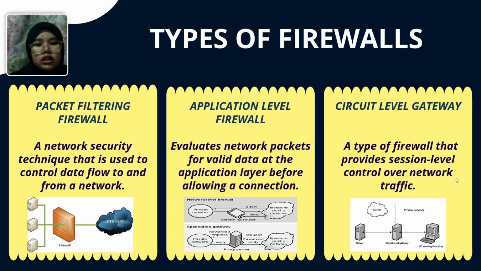For the next type, circuit level gateway is a type of firewall that provides session level control over network traffic. For example, when a user's web page access request passes through the circuit gateway, basic internal user information such as IP address is exchanged for proper feedback. Then the proxy server forwards the request to the web server.